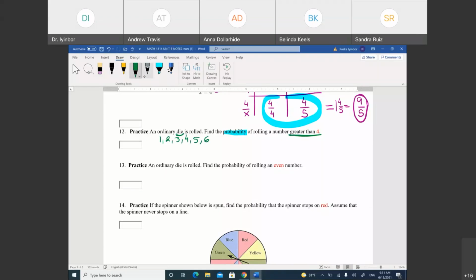Which ones are greater than 4? 5 and 6. That's right. So what is the probability? 2 out of 6, yes. And 2 out of 6 is 1/3. Everybody understanding that? You guys okay with this simple probability?